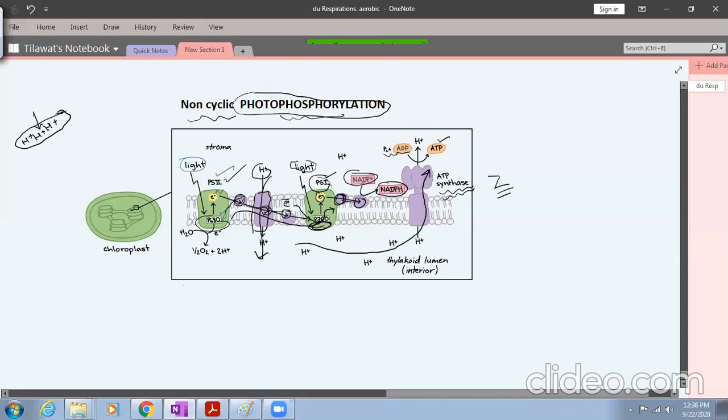So that gap will be filled by the lysis of a water molecule through sunlight. In the presence of sunlight, breakdown of water will take place and will release an electron, so that electron will fill that gap. This reaction is called photolysis. This breakdown of water in the presence of light is called photolysis.